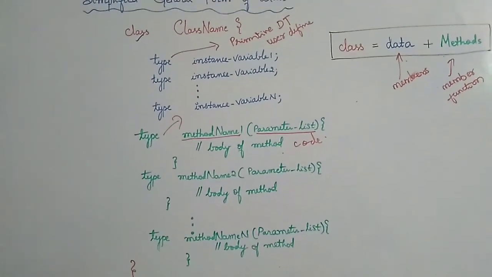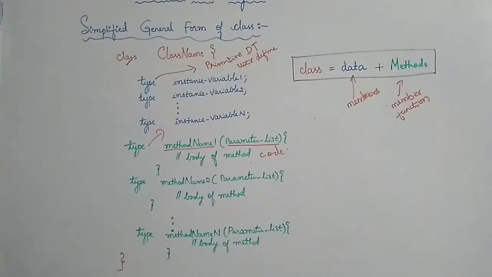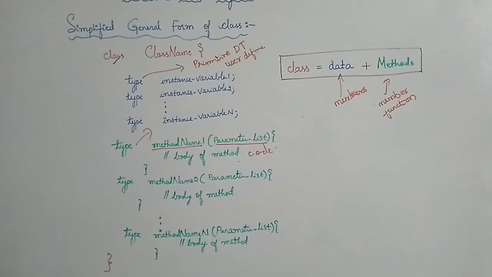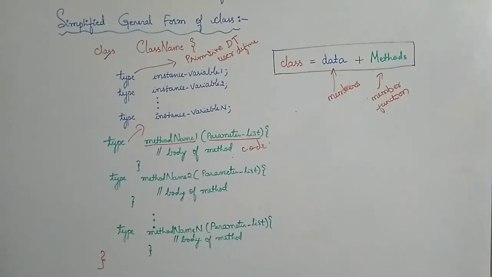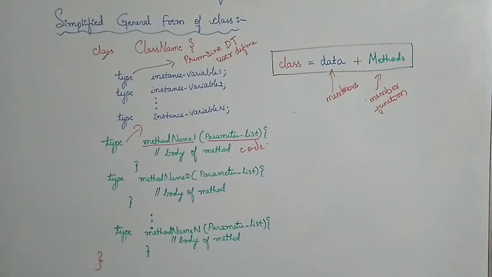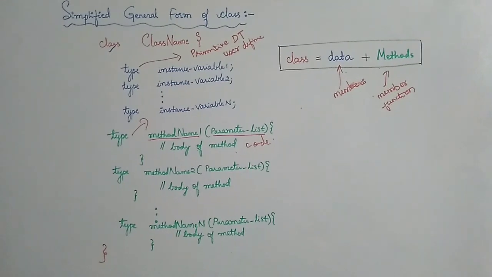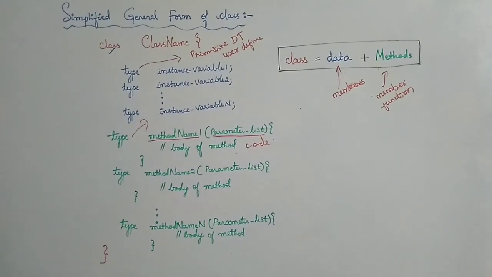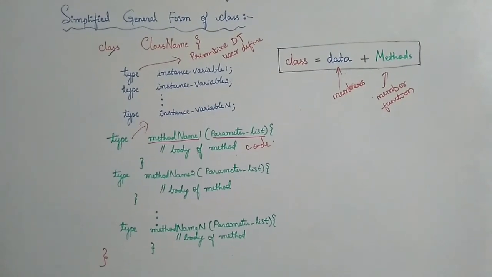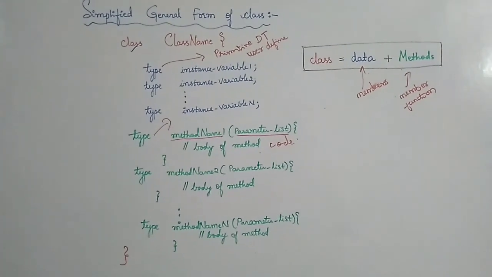Why I didn't declare the main method in the general form of the class is because there are some applications which do not require a main method, for example, applets. Whenever you need the main method, then only you will be including it. And when do you include main? When your class is the starting point of the execution, then you will be declaring the main method. That's the reason why I didn't give the main method inside the class.